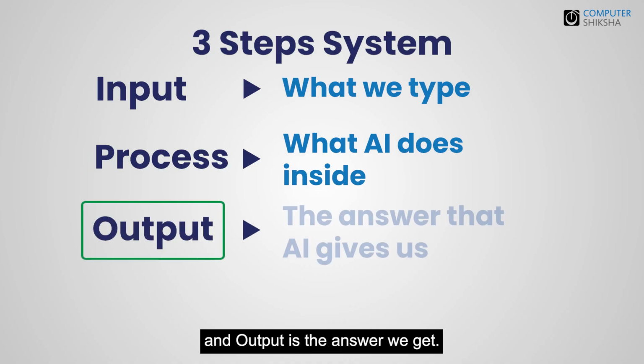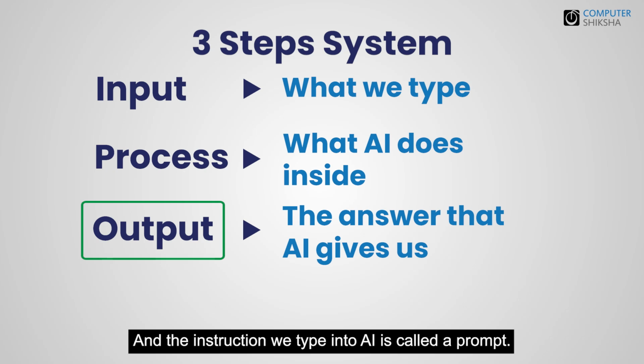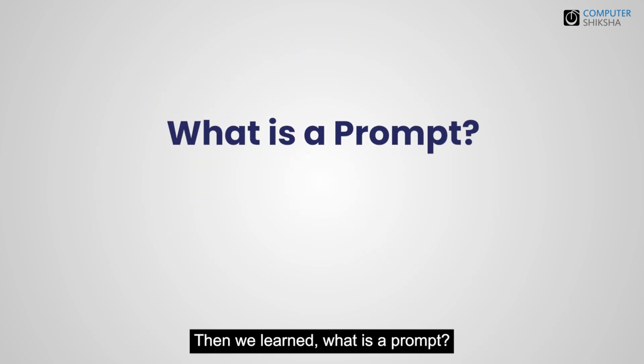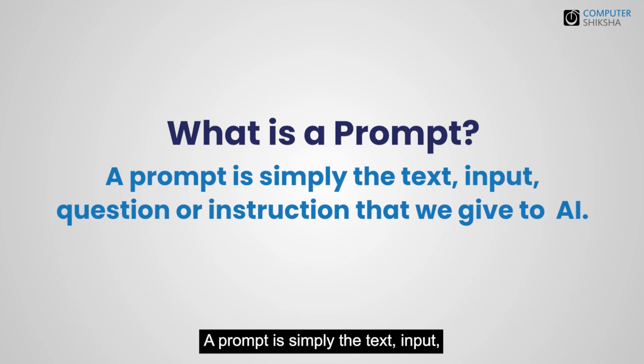And output is the answer we get. And the instruction we type into AI is called a prompt. Then we learned what is a prompt. A prompt is simply the text, input, question, or instruction that we give to an AI. It is the starting point of everything.